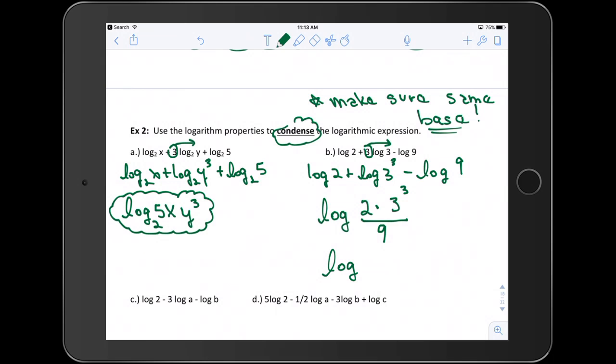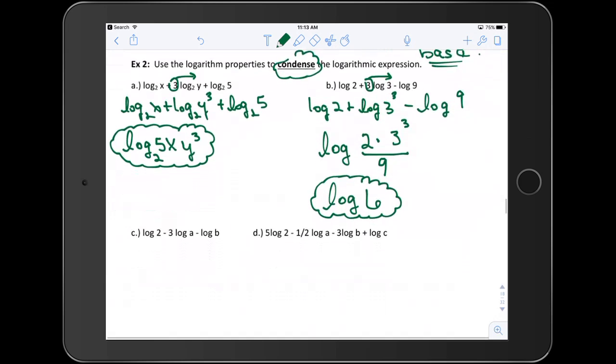So we know 3 cubed, excuse me, is 27. 27 times 2 divided by 9. When you do that, you end up with 6. So I'm going to simplify this and rewrite this as log base 10 of 6. So check this out. Letter B, it's this big long log 2 plus 3 log 3 minus log 9. That actually just simplifies down to log of 6.